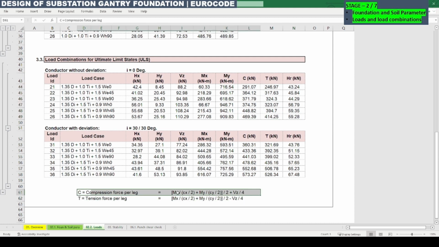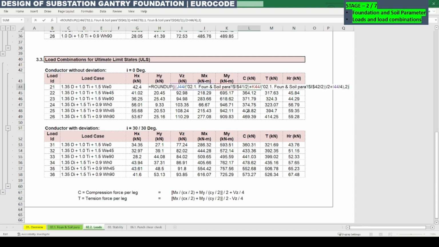The equation to calculate the compression is given here and the tension is given here. That is nothing but moment x divided by Cx, that is the center to center distance, the lever arm distance, plus moment divided by lever arm distance in y direction, Cy, the total divided by 2, plus Vz divided by 4.